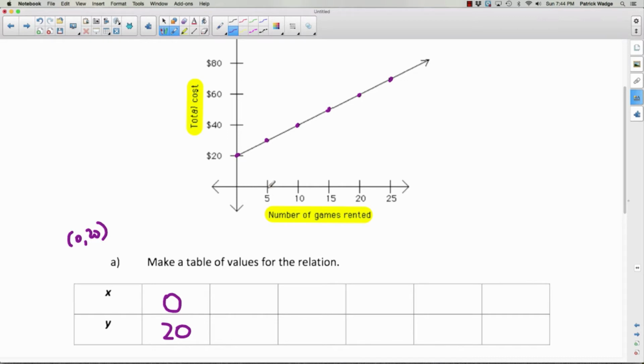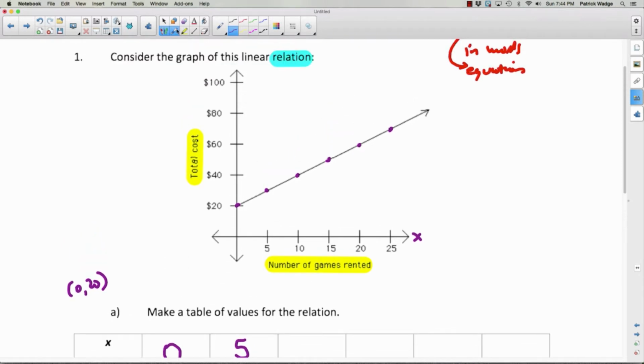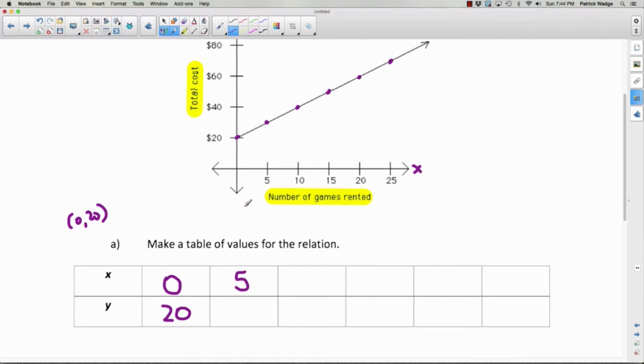You're moving over 5, so that's your x. Remember, this is your x here, and this is your y-axis here. So I moved over 5 for this point, and I moved up, I guess that's right between 20 and 40. It must be 30. There's my second ordered pair if you want, 5, 30. Don't worry, I'm not going to write this for all of them. In the table, just 5, 30 like that.